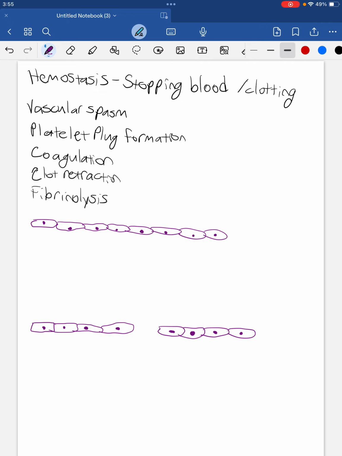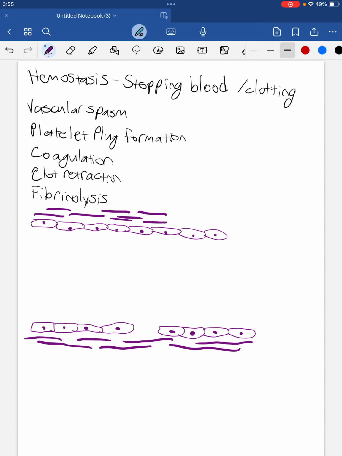Okay, underneath that we have our collagen fibers. Okay, so our collagen fibers, and then we have our smooth muscle.